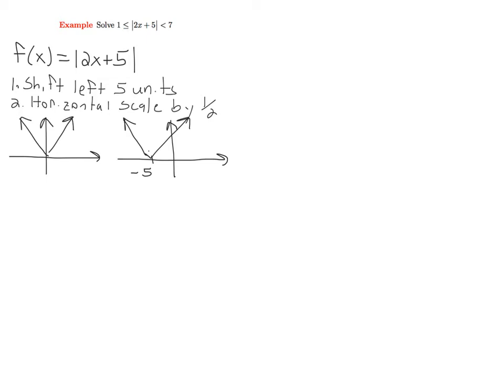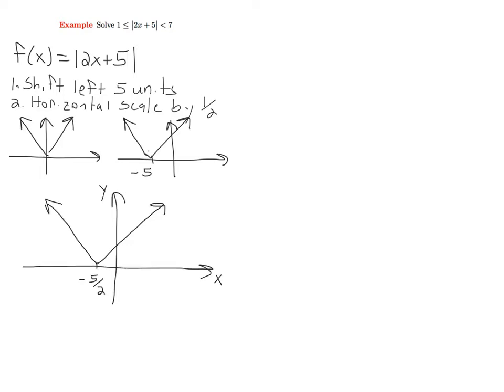So we take each point and we move it closer to the y-axis by 1/2. So this -5, 0 now winds up at -5/2, 0.